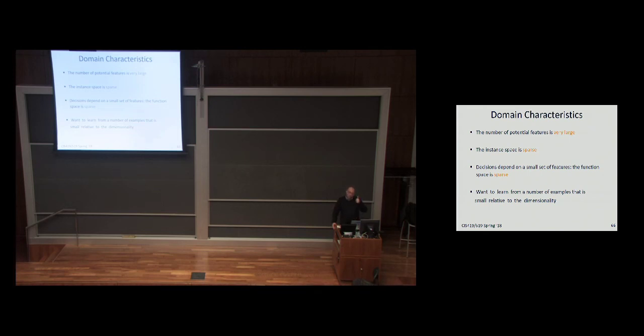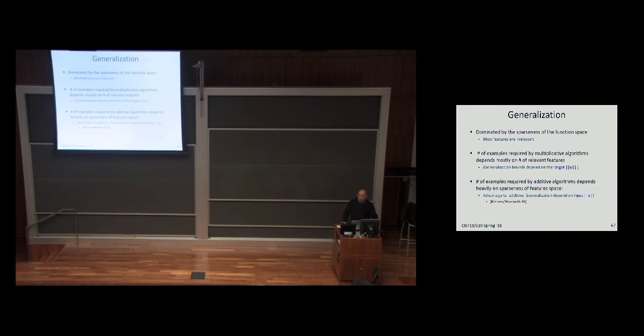So there is a dimensionality issue, total number of features, and there are two sparseness issues. And in the presence of this, my goal is to learn in the presence of a small number of examples relative to this dimensionality. So what can we show?